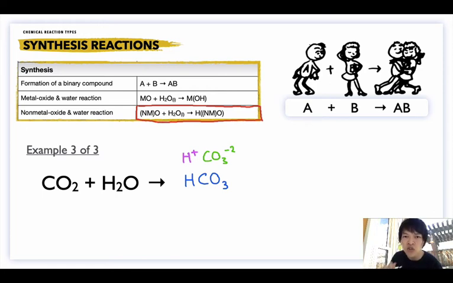So in fact, we need two hydrogens. We're going to go ahead and fix this by writing a subscript 2, so it says H2CO3. This one's a little bit challenging because you do need to refer to your common ion table to figure out what the closest resembling nonmetal oxide is. Once you do that, you proceed everything the same way.